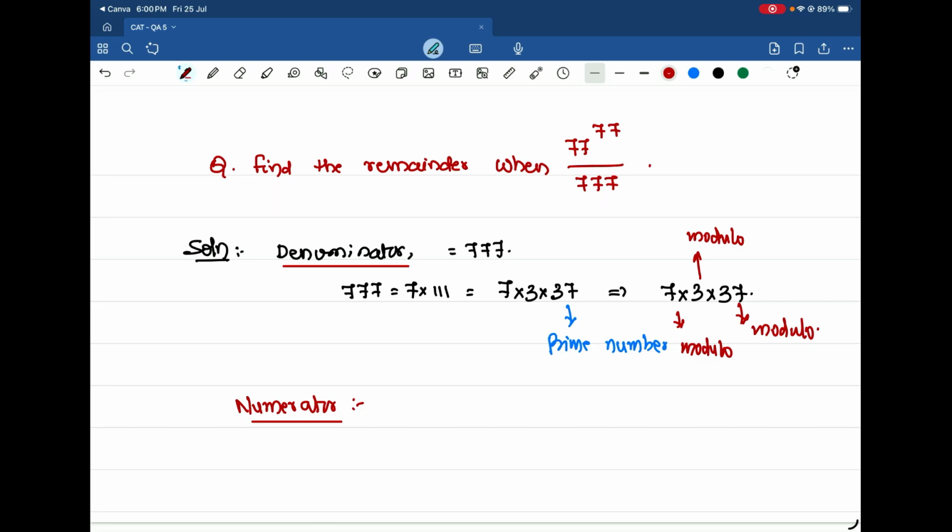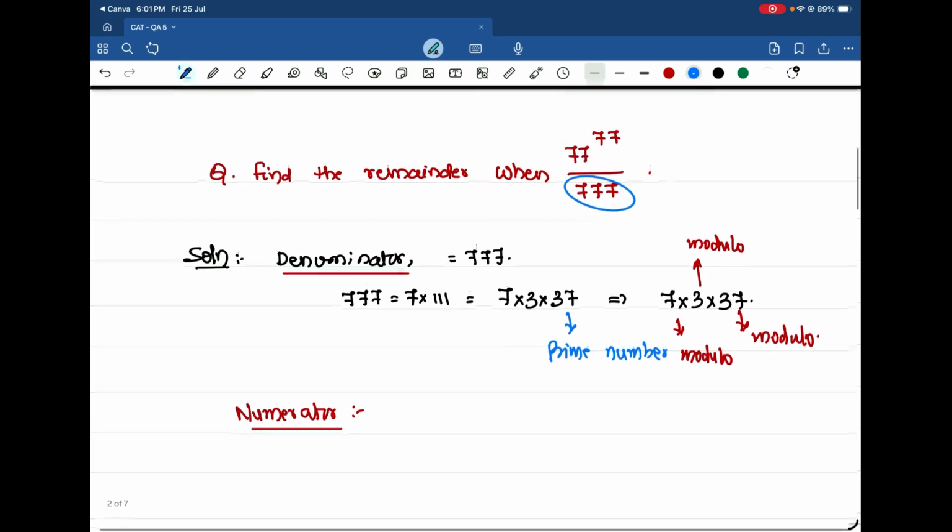We'll use mod 3, mod 7 and mod 37, because we have to divide the numerator by 3, by 7 and by 37 separately, because this particular denominator has 3 factors.